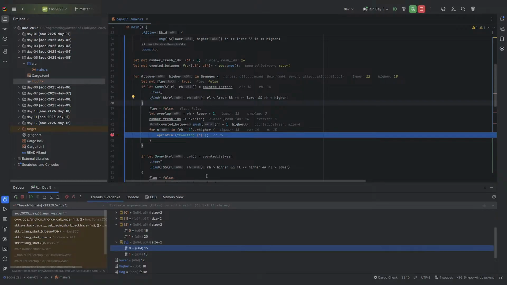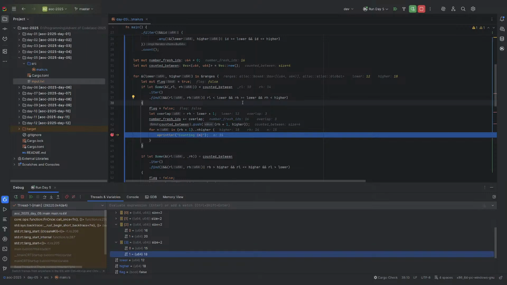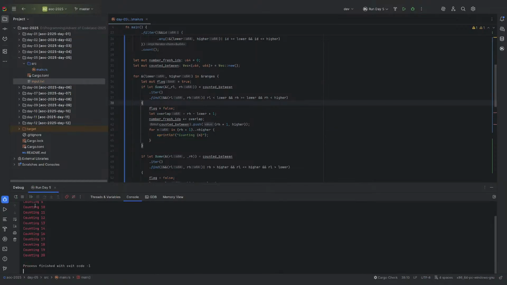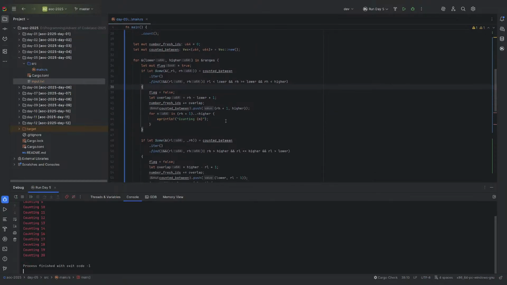Ten is 15. Eighteen is bigger than 16, that's correct. Fourteen is less than. Yeah, my conditions are messed up. Okay, there is an issue here for fully contained ranges.